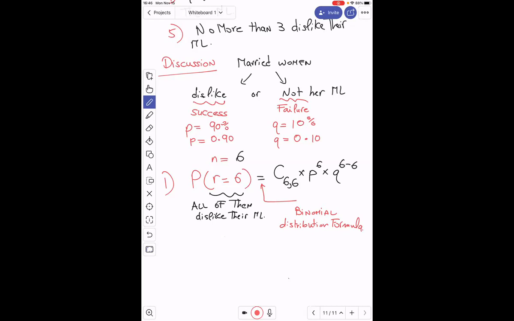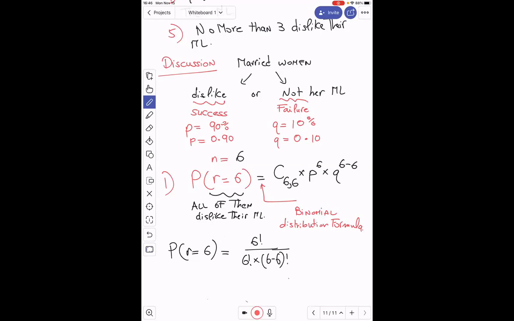All right. So this probability would be equal to, remember, N choose R is N factorial over R factorial times N minus R factorial. If N is 6 and R is 6, we have 6 factorial over 6 factorial times 6 minus 6 factorial.